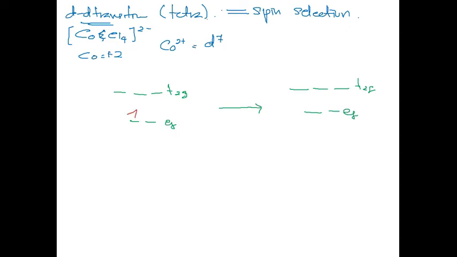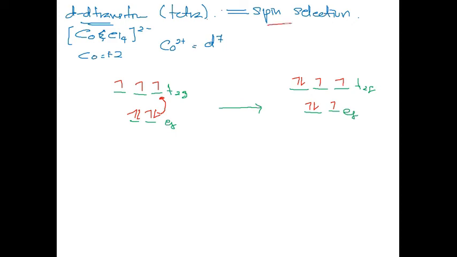So 1, 2, 3, 4, 5, 6, 7. When one electron is excited, for example here it goes up, it becomes 1, 2, 3, 4, 5, 6, 7. See?